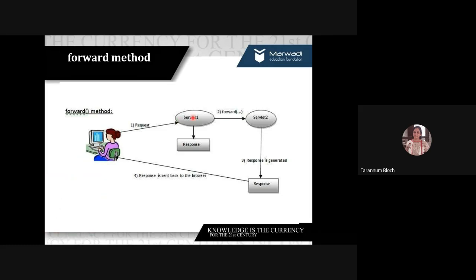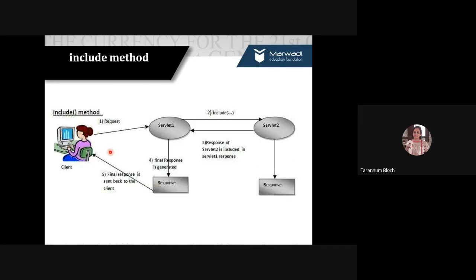Suppose a user sends a request for a resource, and if this resource is using the forward method, it will send the user to a second resource, and the response of the second resource will be given back to the user. When it is the include method, if the user sends a request for the first resource, and that resource is sending the user to a second resource using the include method, the response of the second resource will be included in the response of the first resource, and the combined response, which is the final outcome of resources 1 and 2 together, will be given to the end user. This is how the request dispatcher include method works.